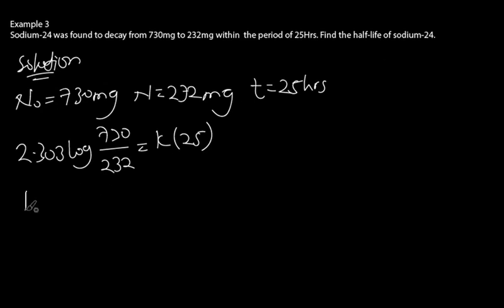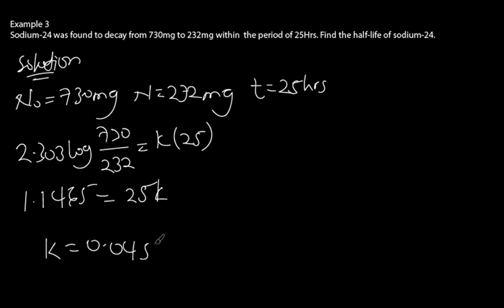So 1.1465 is equal to 25k. So our decay constant k is this divided by 25, and this will give us 0.0459 as our decay constant.